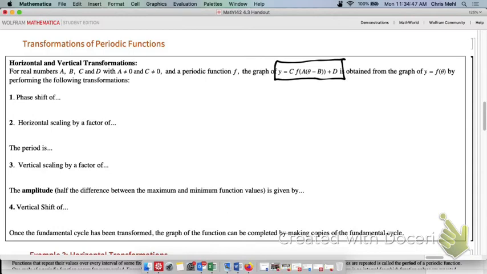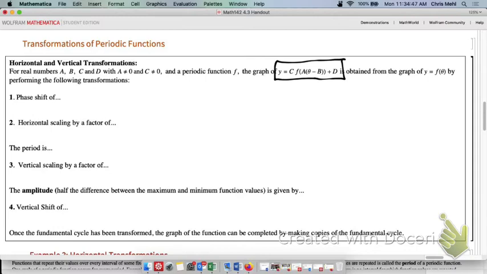If you start with sine or cosine with period 2 pi, capital A, again, make sure you review transformations in section 1.5, tells you to do either a horizontal stretch or a horizontal compression. So you're taking that cycle of period 2 pi and either extending its length or compressing its length. Capital B tells you how many units to shift to the left or to the right.